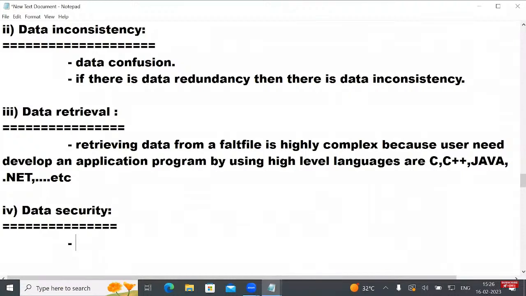But if I'm storing the same information in databases, it is not like that, anybody can come and open my database and see your data. Because when you want to see database data, first you should have user credentials. What do we mean by credentials? Credentials means user ID and password.